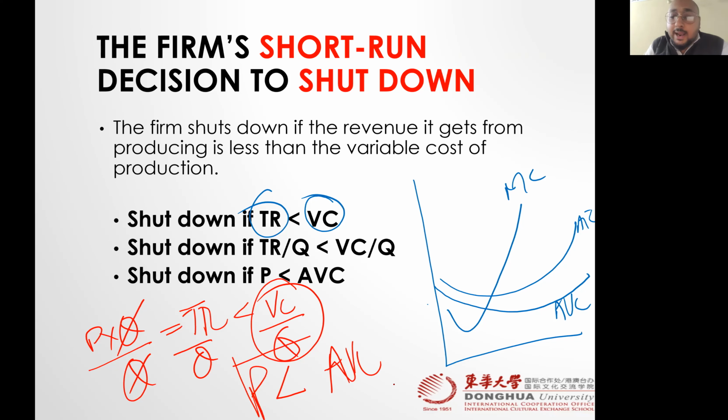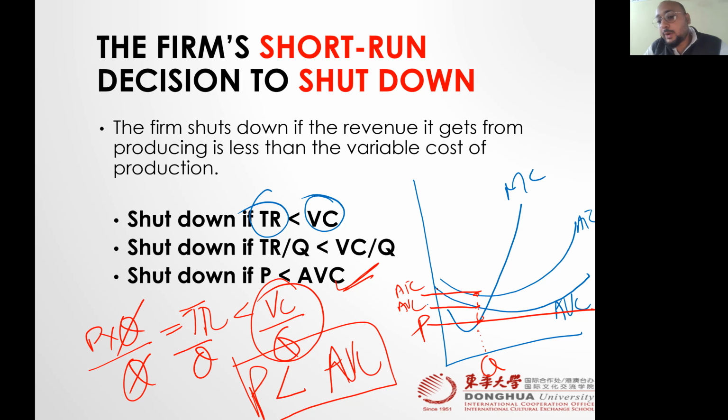So if price is less than average variable cost, if price is here, this is your quantity to produce, and that is your average variable cost, and that is your average total cost. If this is the situation, what is the variable cost?